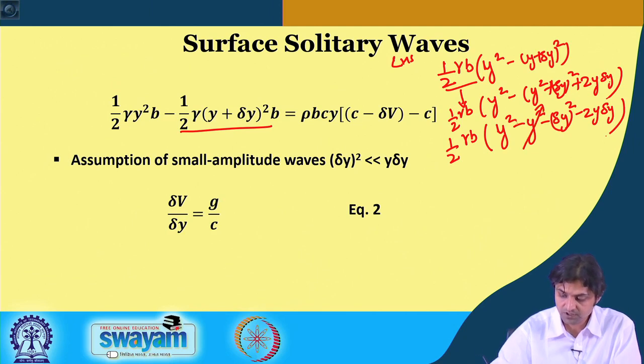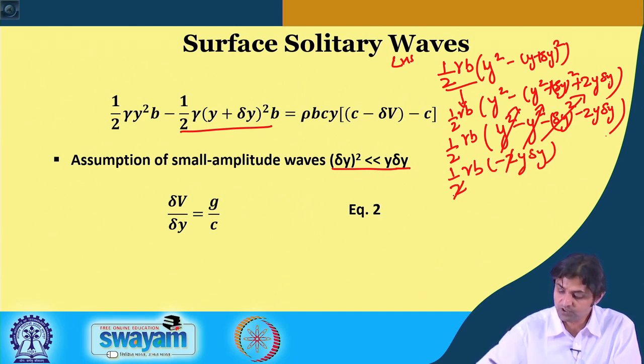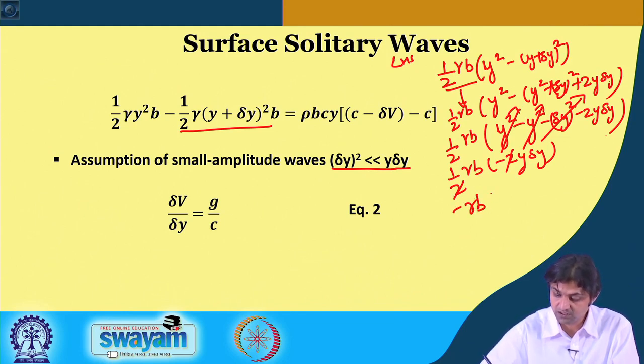The y square terms cancel, and using this approximation we can drop the delta y square term as well. So, it will be half gamma b multiplied by minus 2 y delta y, the 2 cancels, and it becomes minus gamma b y delta y, which is equal to the right hand side.